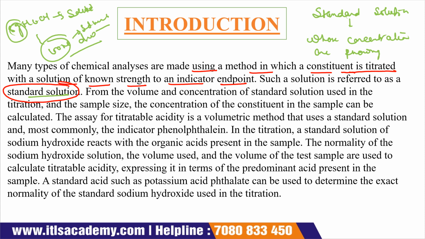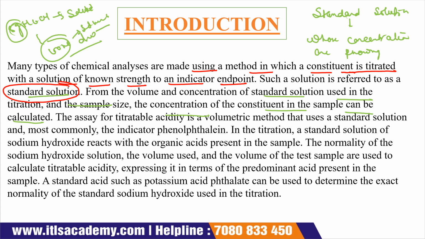So in many types of chemical analysis, we titrate the solution with the standard solution, and we titrate it till we get the end point. From the volume and concentration of standard solution used in the titration and the sample size, the concentration of the constituent in the sample can be calculated. How do we calculate it?